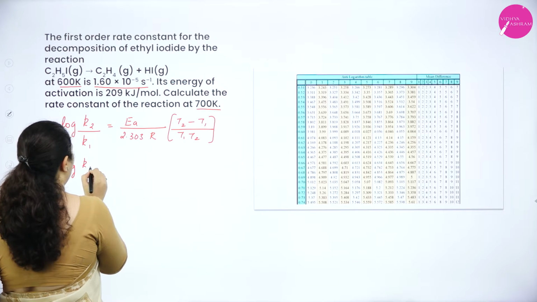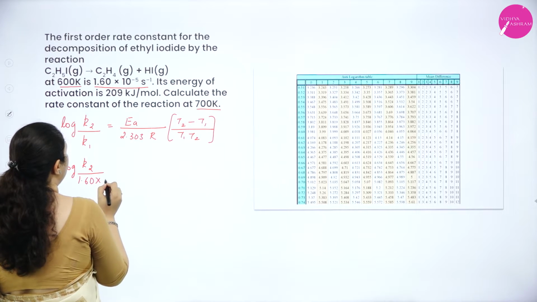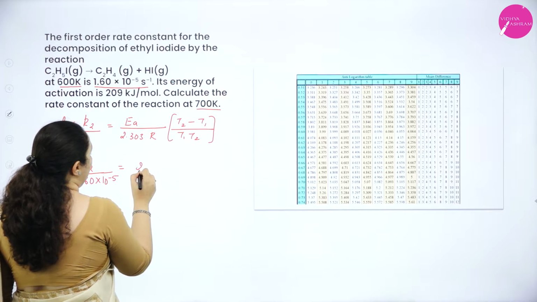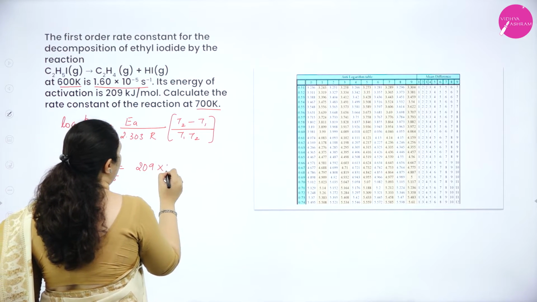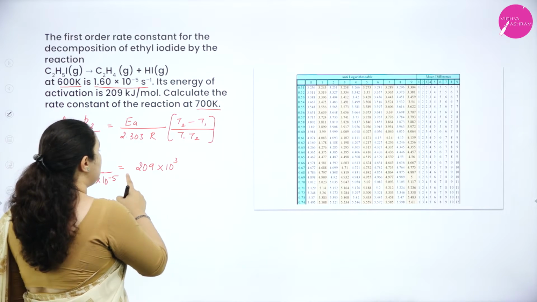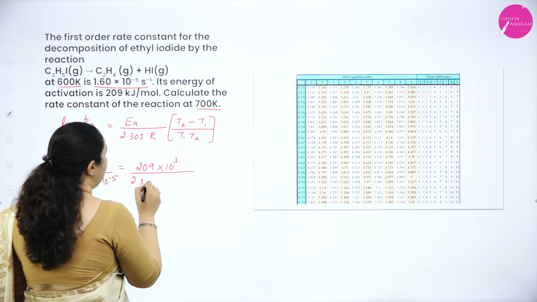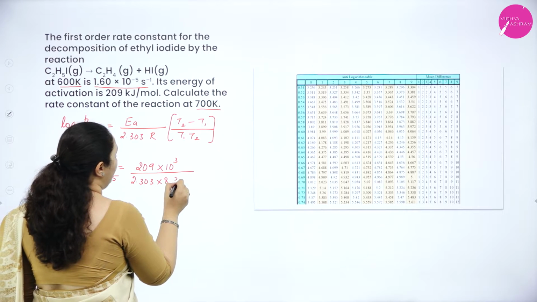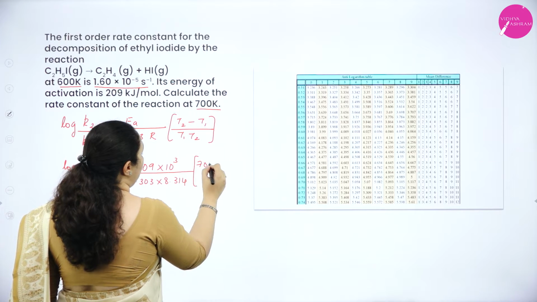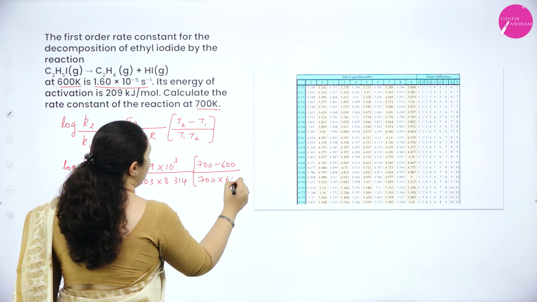K1 is 1.60 into 10 to the power minus 5, is equal to EA, which is 209 into 10 to the power 3. Why? Kilo is 10 to the power 3. So it is 209 into 10 power 3 divided by 2.303 into 8.314. Then we have 700 minus 600 divided by 700 into 600.